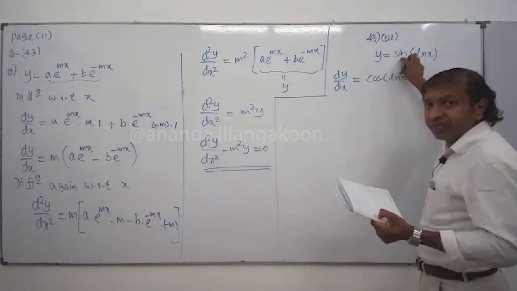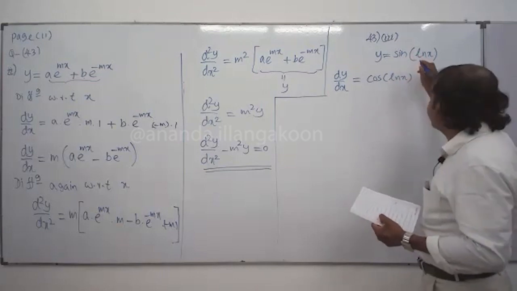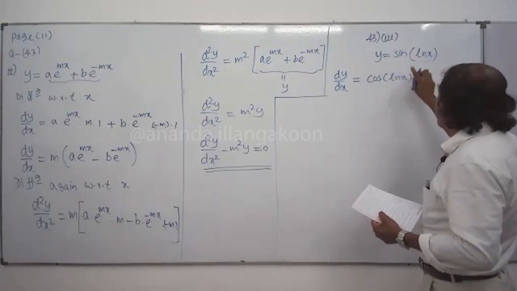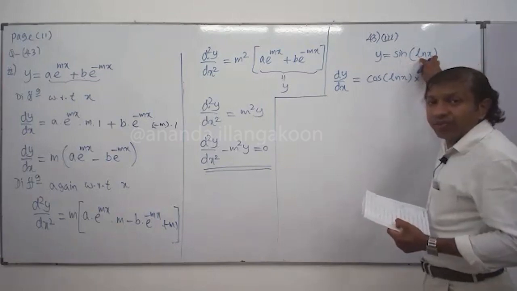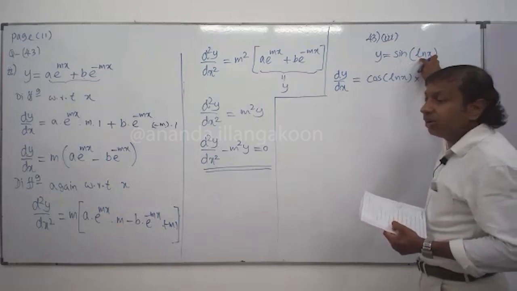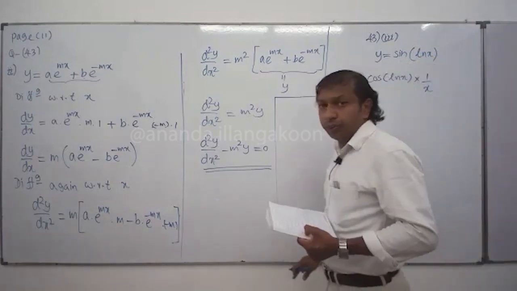The rest after that, we have to keep the same. Thereafter we multiply by the derivative of the function we meet inside. So ln x is the function we meet. Its derivative, you know, ln x derivative is 1 upon x.